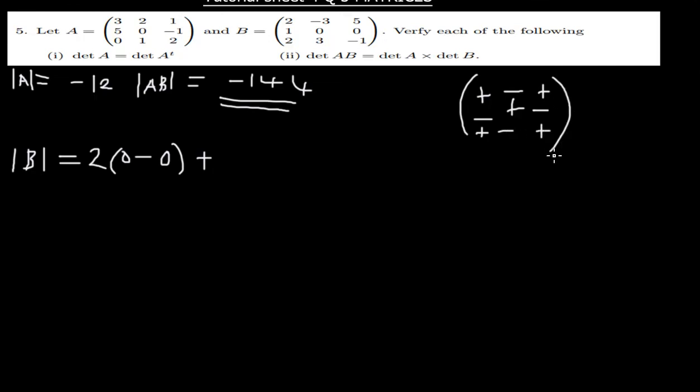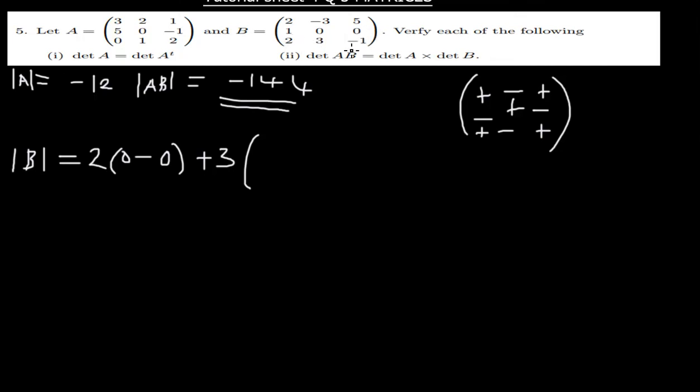Now, if we have chosen the first row, it means that you multiply the first row by that. So this negative times negative 3, you get your positive 3 there. And then positive 3, open brackets. And then the minor for this, we close that and close that, meaning we remain with 1, 2, 0, 1.